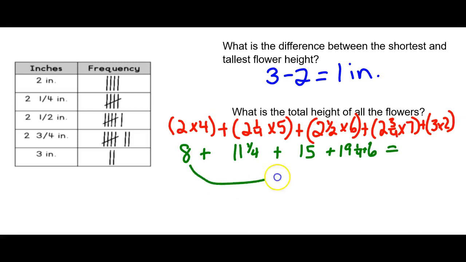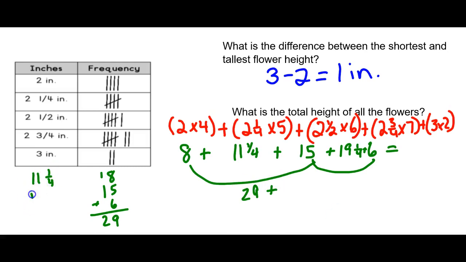So I'm going to add 8 plus 15 plus 6 first, to get our whole numbers done. So 8 plus 15 is 23, plus 6 is 29. So those three equal 29. Okay, and then I'm going to do our fractions. So we have 11 1/4 and 19 1/4.